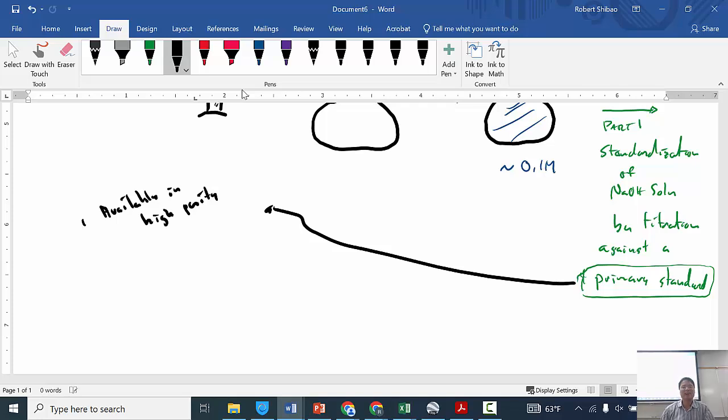Number two, it has to be stable enough that you can weigh it. And so it needs a stable, weighable form.